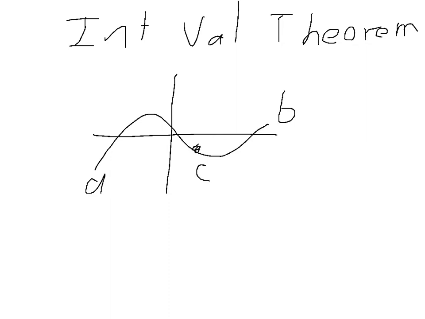There's going to be a corresponding x value on that point, so in between the intervals there's going to be a corresponding x value. The intermediate value theorem was actually proven by Bolzano in 1817.